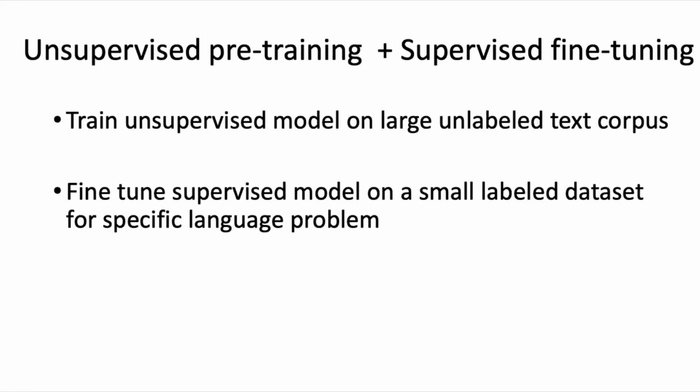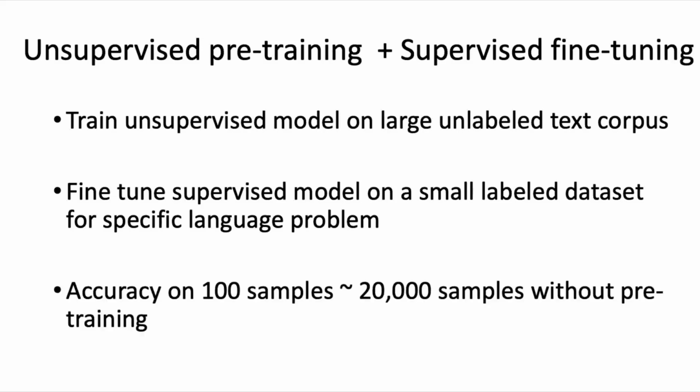A recent study showed the benefits of this for text classification, which is a supervised learning task that requires training data of many examples of text labeled with their corresponding categories. This study showed that if we do pre-training using an unsupervised learning model on unlabeled text data first, on the subsequent supervised learning task with only 100 labeled examples, we could achieve an accuracy on text classification that would have otherwise required up to 20,000 labeled examples without this unsupervised pre-training.